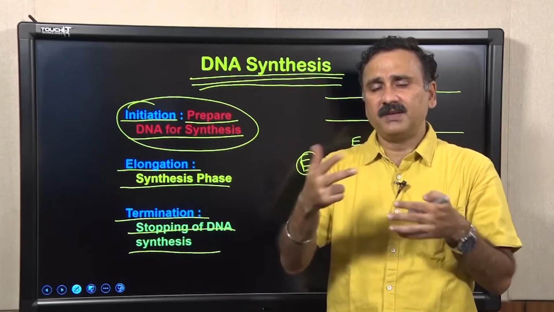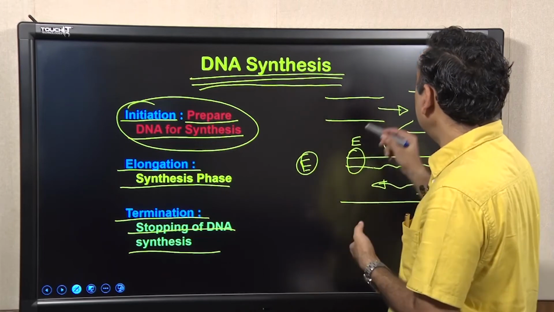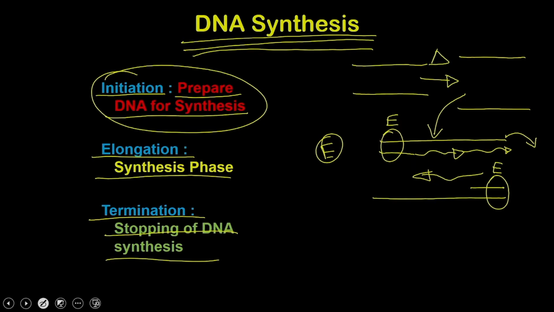These two processes can simply be done if you heat these particular strands. If you heat this strand, the double stranded DNA is going to open into single stranded templates, and that is how you can utilize them.